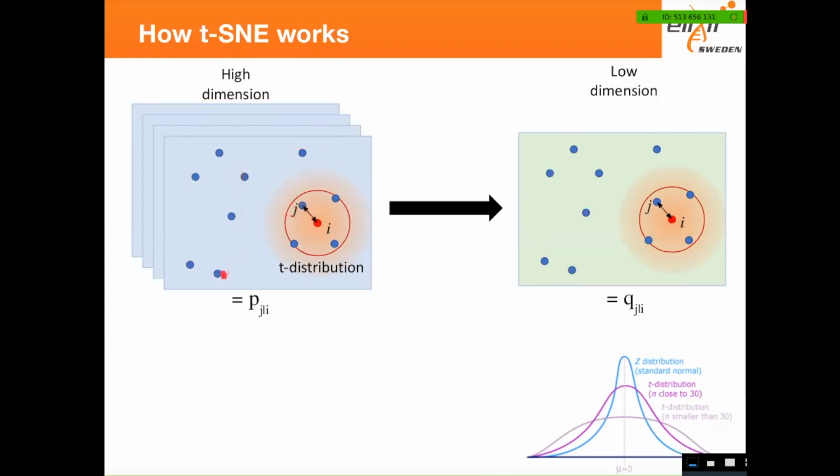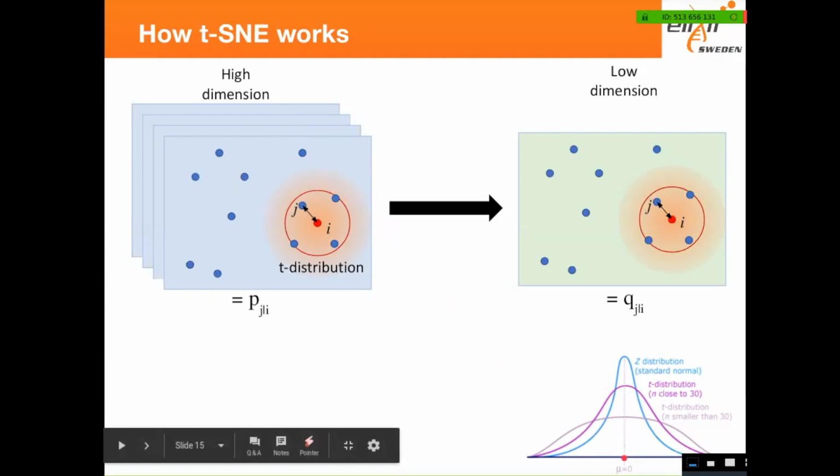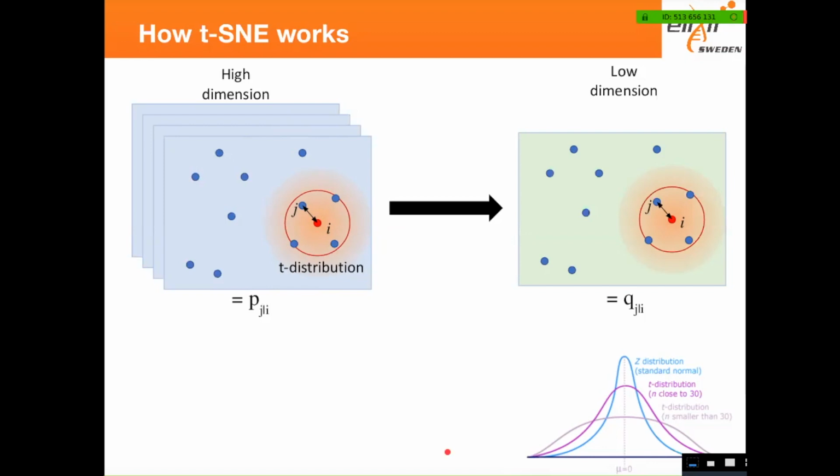So the furthest points will not even be considered because the distance will be close to 0 in that t-distribution. So for example, imagine that this is the point i that is in here. And a point that will be in here will have kind of this value as closeness to it, rather than the ones that are very far apart, like these ones, which will basically have a 0 as a distance. They will not be considered at all.